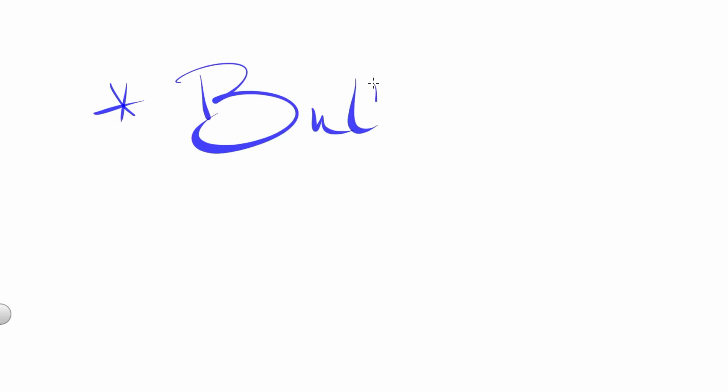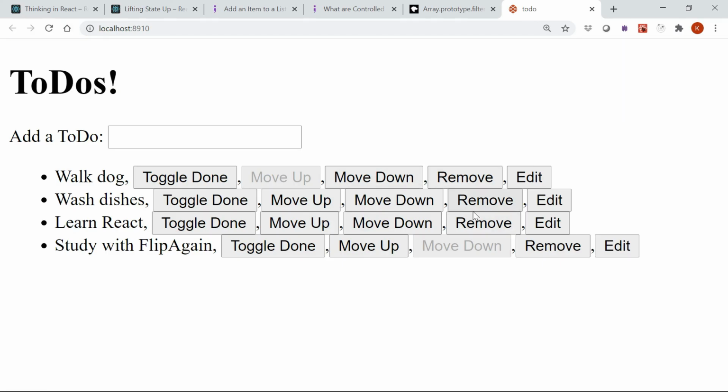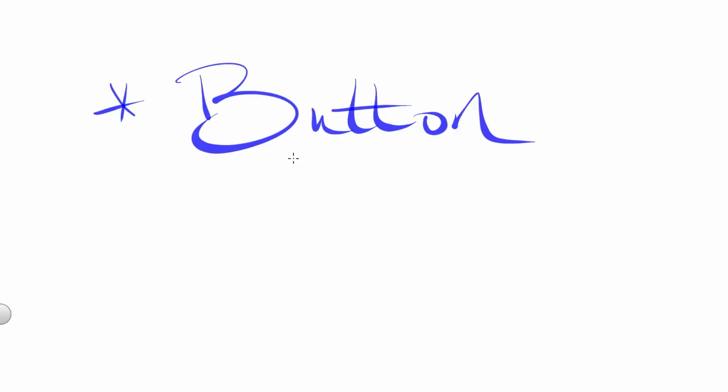Okay, so here's what I'm thinking. We need to do something to the button, our button that we click, the remove button. Need to update the code there. And then we'll need to update the state.